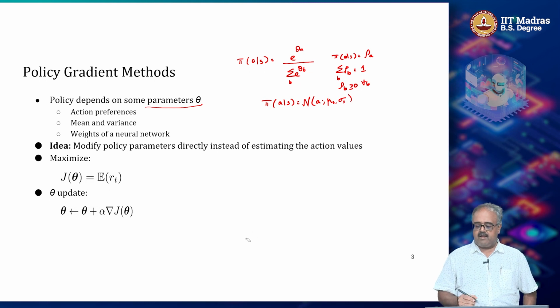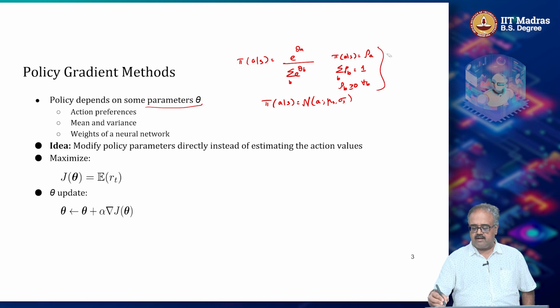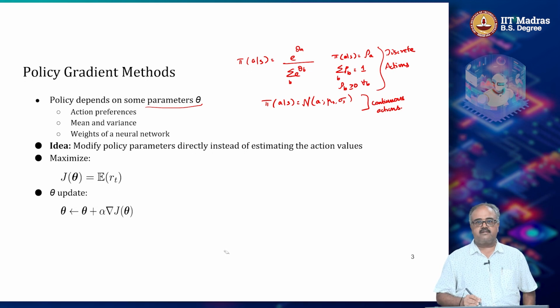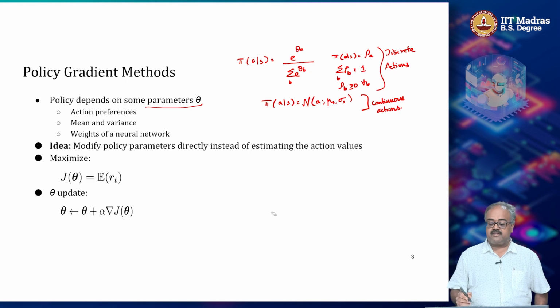right. So this is essentially for the top two, for discrete actions, and this is basically for continuous actions. So the actions in the third case range from minus infinity to plus infinity.